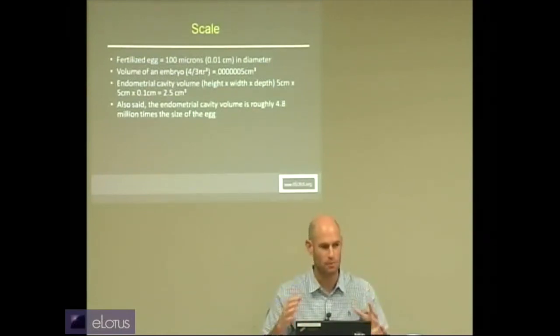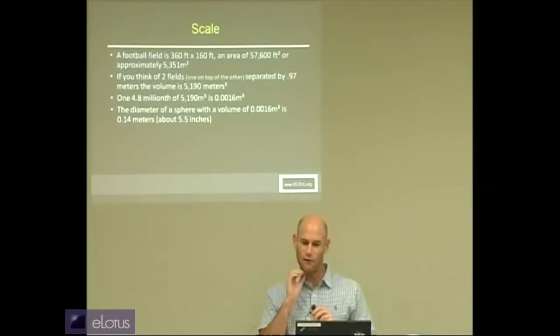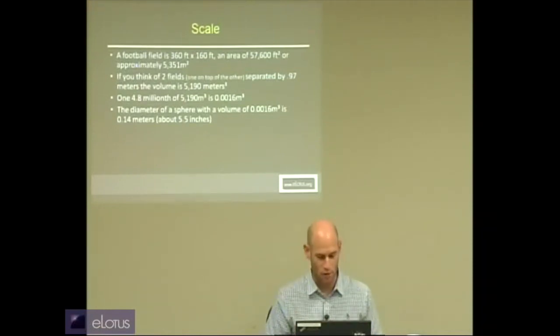4.8 million times bigger. So what that means is, and this is perfectly apropos for Super Bowl Sunday, if a football field is about 360 feet long by 160 feet wide, that gives you an area of about 57,000 square feet, or 5,351 square meters.